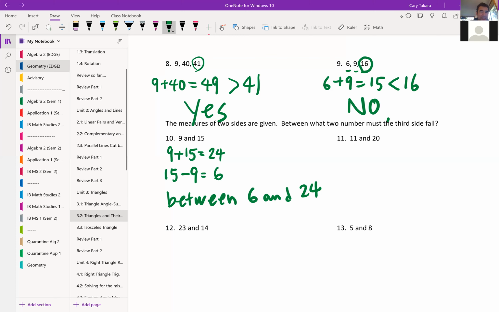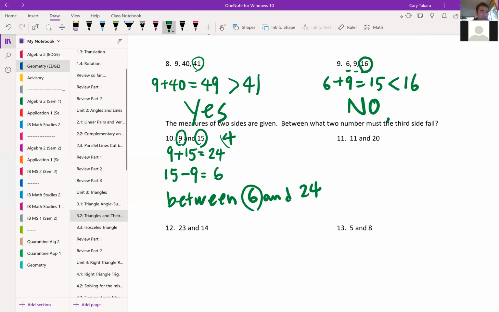Let me show you. Let's say I pick a number lower than 6, like a 4. Do you think 4 could be the third side of a triangle, along with the 9 and 15? It wouldn't, because 9 plus 4 is not going to be bigger than 15, right?